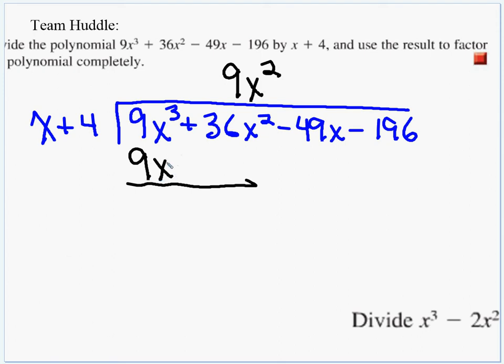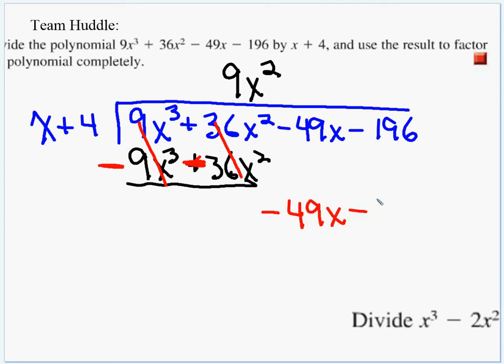Distribute that. 9x cubed plus 4 times 9 is 36, x squared. Oh, look at that. When we subtract here, or if we distribute a negative and then add, we're going to get 0, 0. So we're not just going to bring down the next term. We might as well bring down the next two, because we're dividing out here by a binomial.